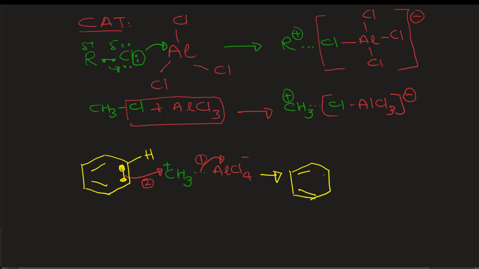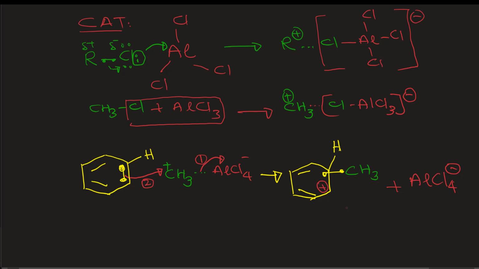We didn't touch these two bonds, and the hydrogen we didn't touch, but this one makes a new bond with the R group. Now it is attached, but we have a new positive here, and also we have AlCl4 negative, and this positive is more important. That will make the sigma complex.